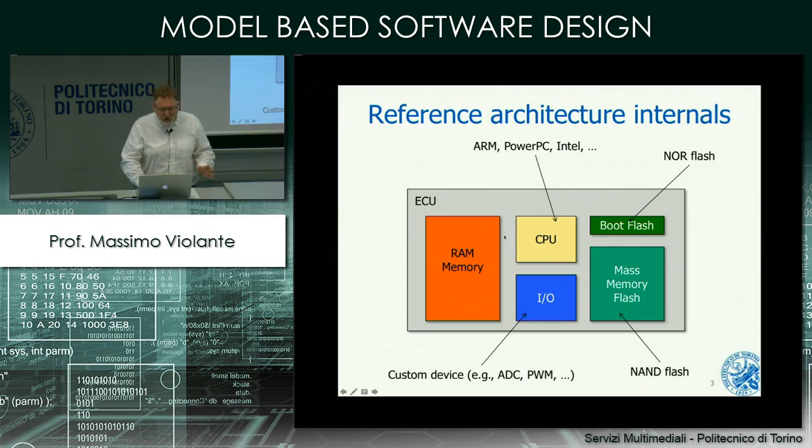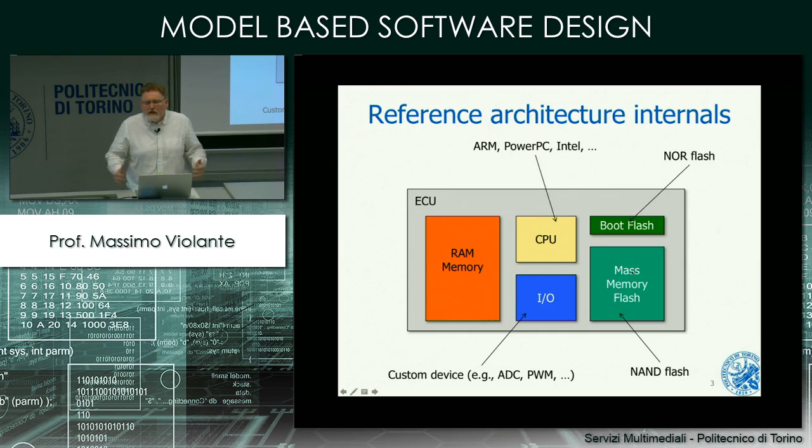So again, the boxes that you can see here are not to be confused with microchips. They are not intended to be microchips in this picture. They are functional units. They are units able to execute instructions, units able to store data, and units able to store instructions.